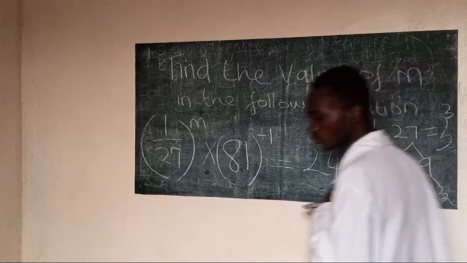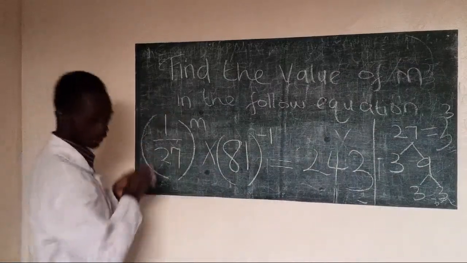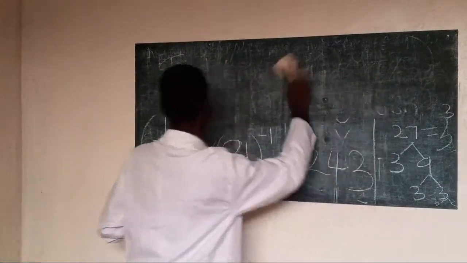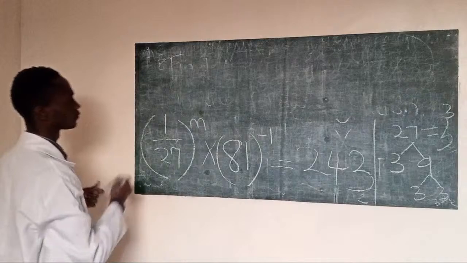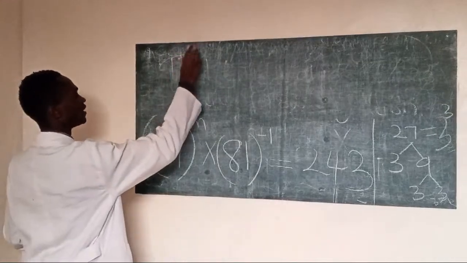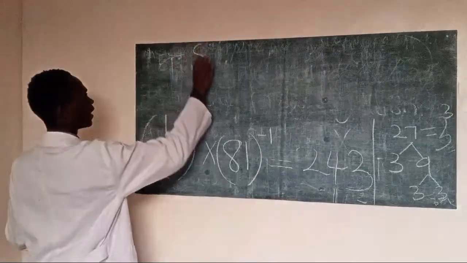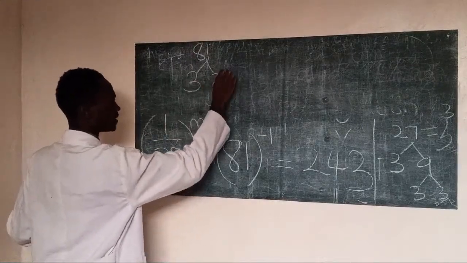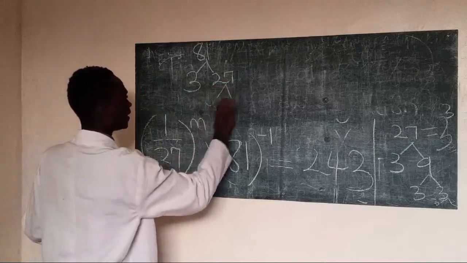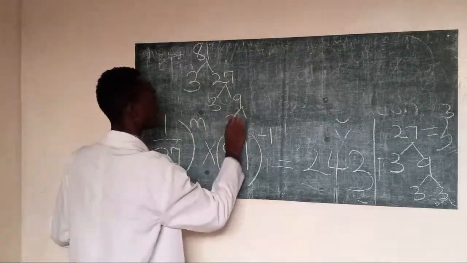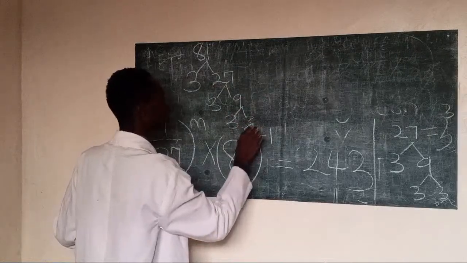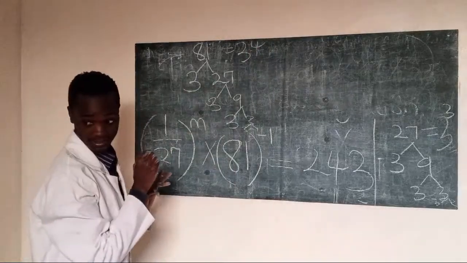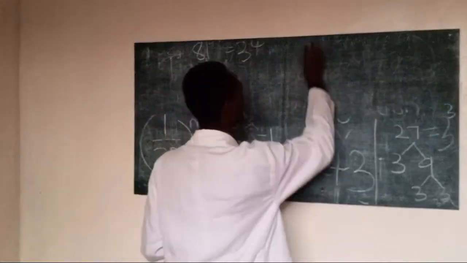Yes. I move on to 81. 81 divided by 3 is 27, 27 by 3 is 9, 9 by 3 is 3, 3 by 3 is 1, so it equals 3 raised to power 4, isn't it? I move on to 243.